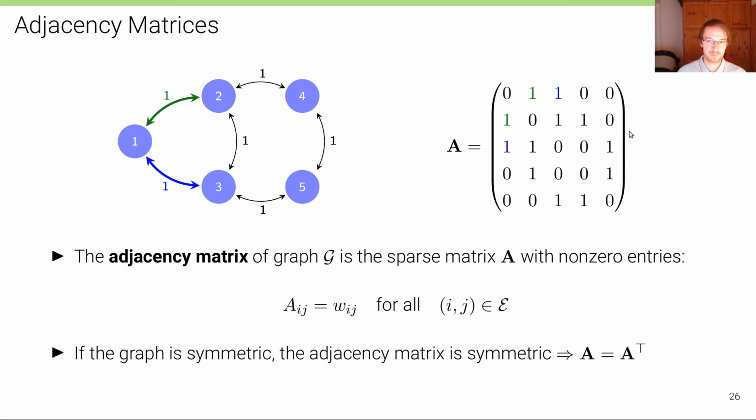If we continue this process, filling in ones based on where we have edges in that graph, we get this matrix. All the remaining locations are 0. This is called the adjacency matrix. If the graph is symmetric, as in this case, we immediately see that the adjacency matrix is also symmetric. In other words, A equals A transpose, or the matrix is symmetric along this axis.